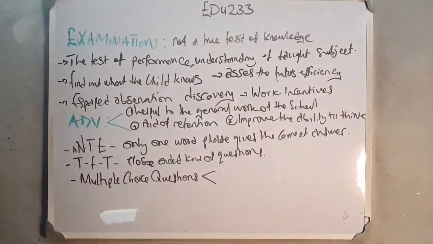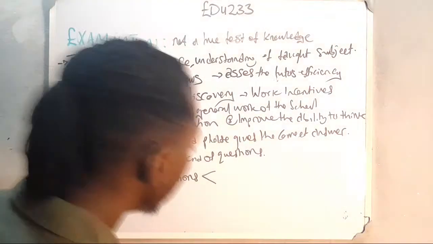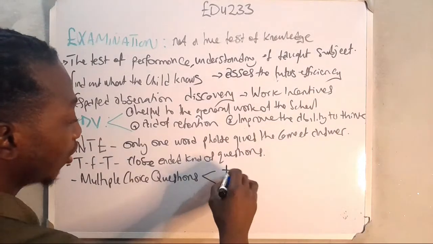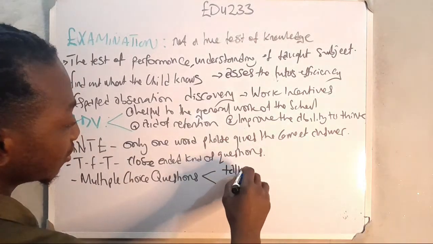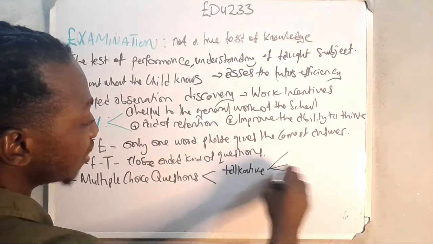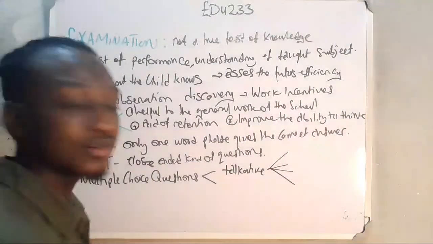Now, let's say for example, we have talkative. You are giving the options: the closest in meaning or similar.